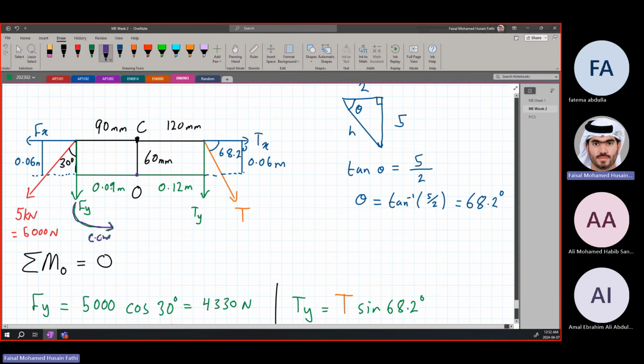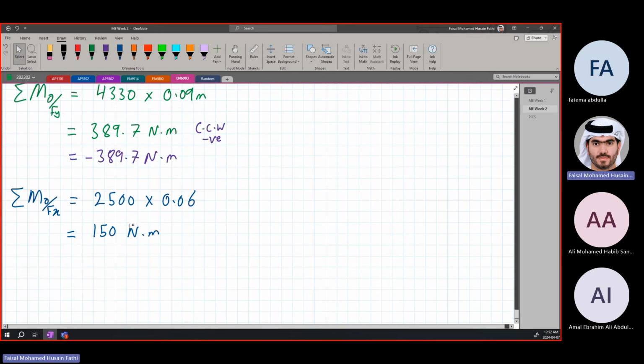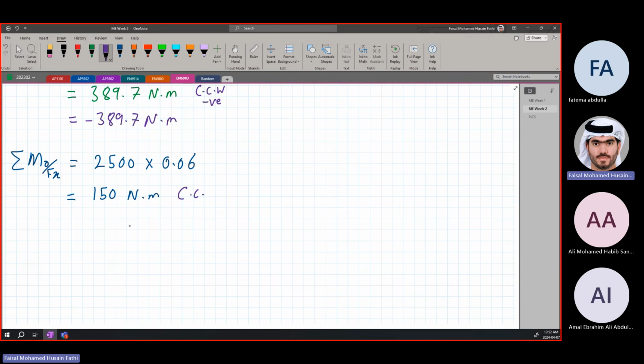The force is going this way, so going towards O, it goes that way. So it's also counterclockwise, then it goes downwards, also counterclockwise. So this is counterclockwise, which is negative. So it's equal to minus 150 Newton meter.